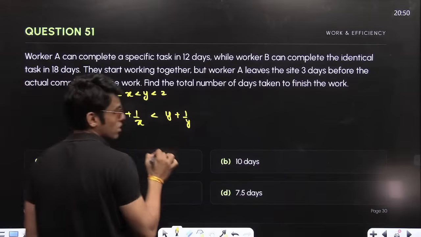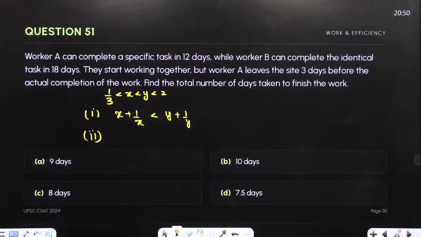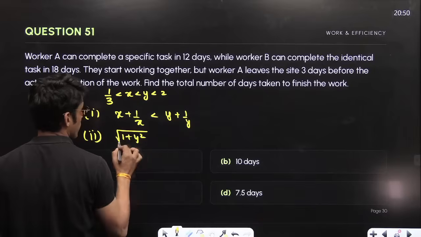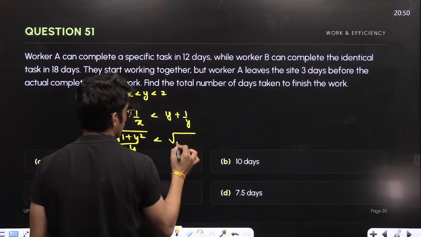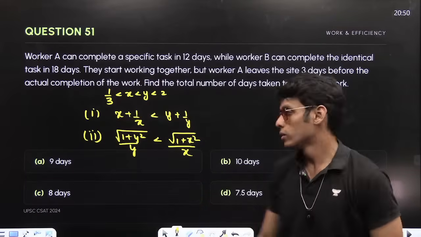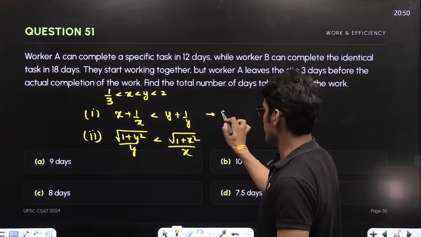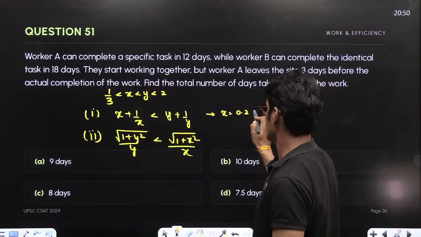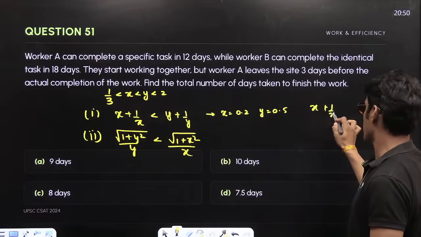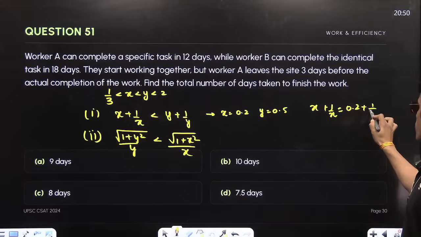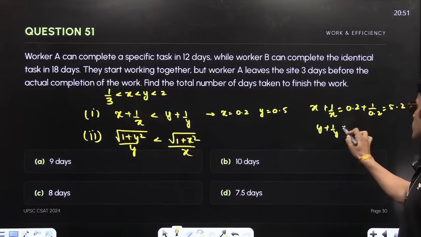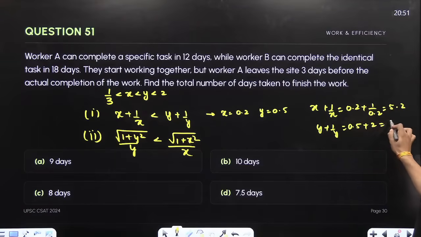Statement 2 was this. 1 plus y square by y is less than 1 plus x square by x. Right? So see, if I take x as 0.2 and y as 0.5, so x plus 1/x becomes 0.2 plus 1 upon 0.2, that is 5.2. Y plus 1/y becomes 0.5 plus 2, that is 2.5.